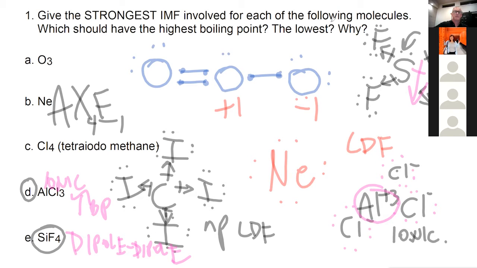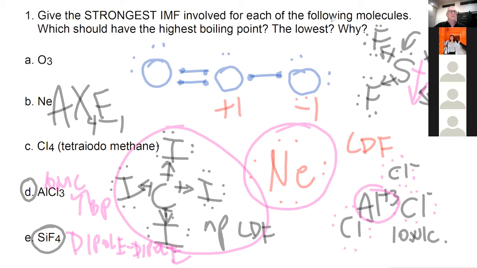Would it be the neon? Carbon tetraiodomethane is nonpolar, and neon is nonpolar. Ozone's very, very polar, and sulfur tetrafluoride is polar as well. So they're going to be in the middle. But we have 2 non-polar molecules. Which one is going to have the lower boiling point?